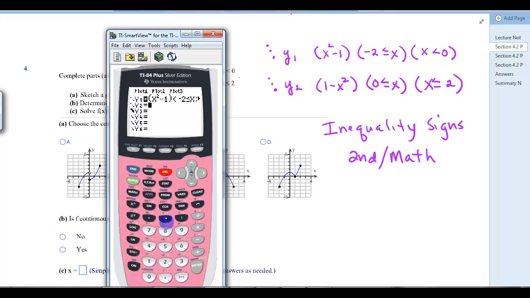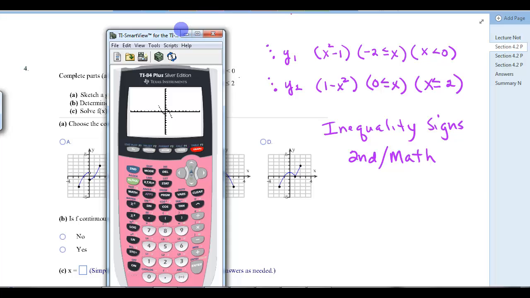We've got parentheses 1 minus x squared, close, open, 0, second math, 6 is less than or equal to x, close, open, x is less than or equal to 2, close. All right, let's hit graph.